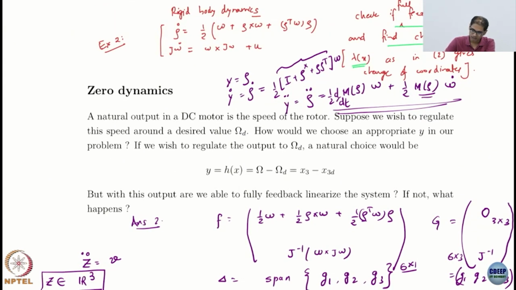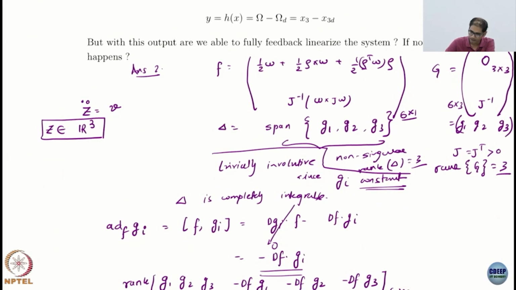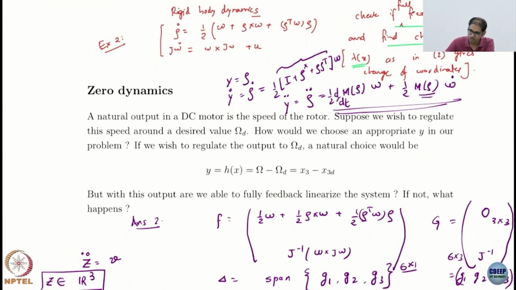This is the rigid body dynamics again. In terms of some parameterization, you've already seen the rigid body dynamics. It's part of the current assignment also, and this is in some parameterization. Don't worry about what this rho is, but what I've asked you to do is to see if it's full state feedback linearizable and find the change of coordinates, which is this lambda.